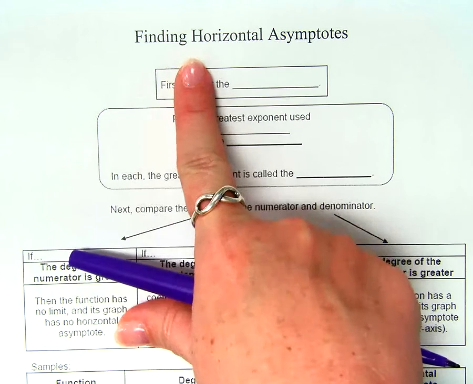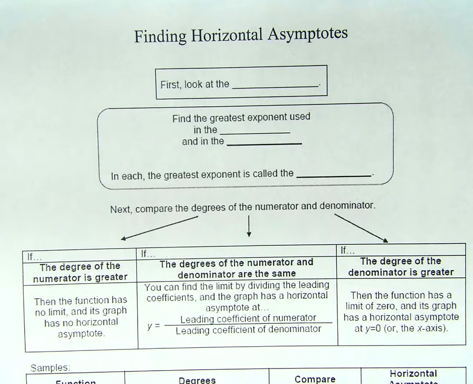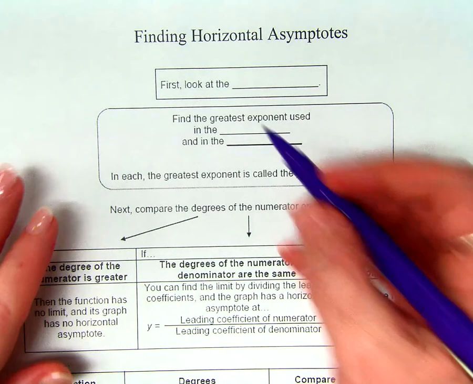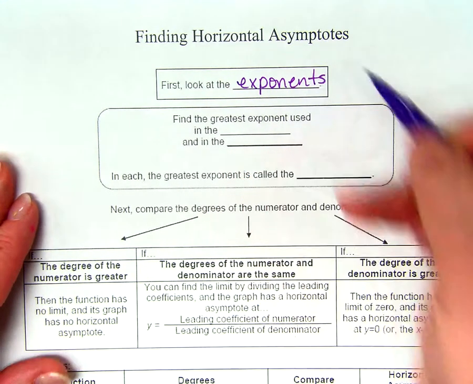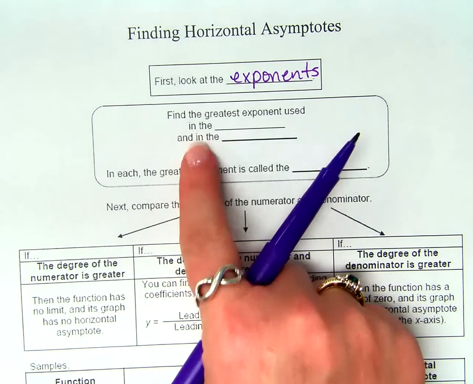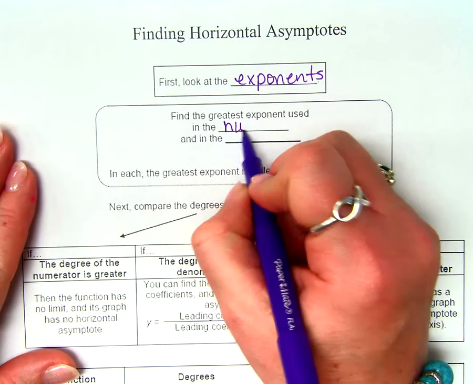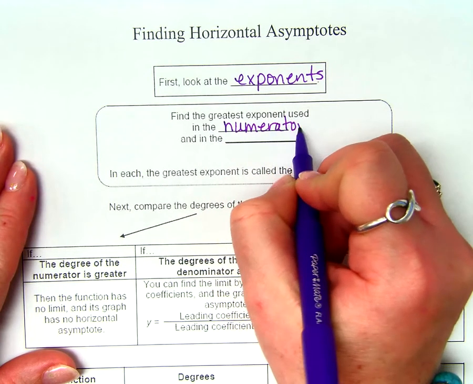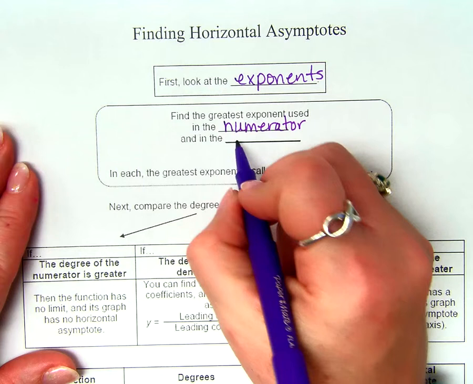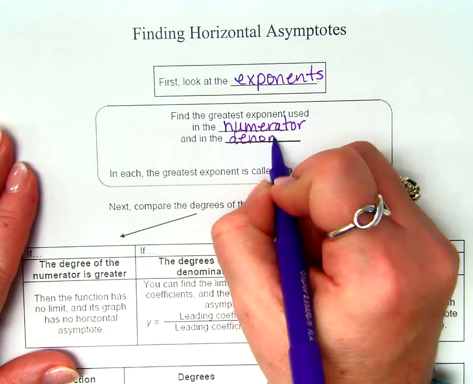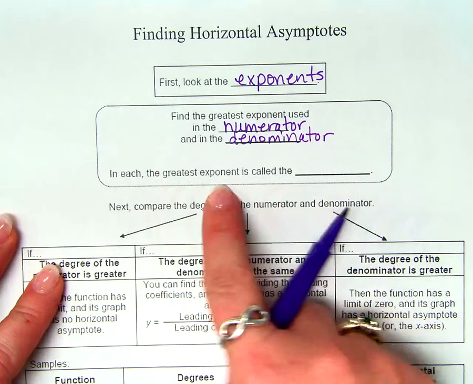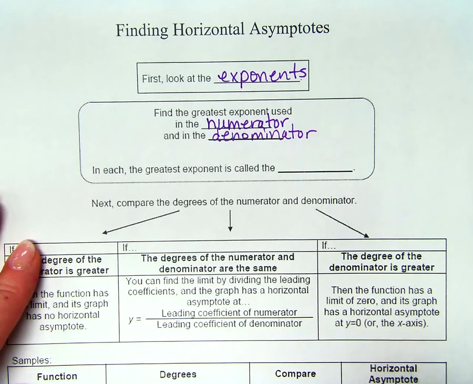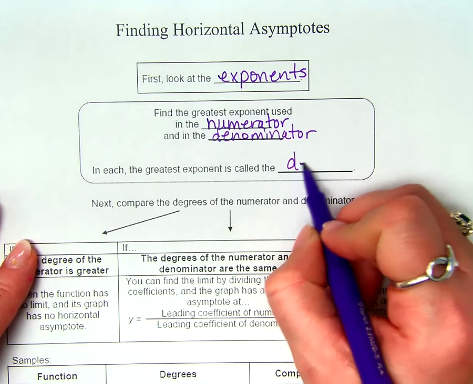When you're trying to find horizontal asymptotes, find the greatest exponent used in the numerator and the greatest exponent in the denominator. In each, the greatest exponent is called, I just spoiled it for you already. Do you remember what it's called? The degree. Okay?